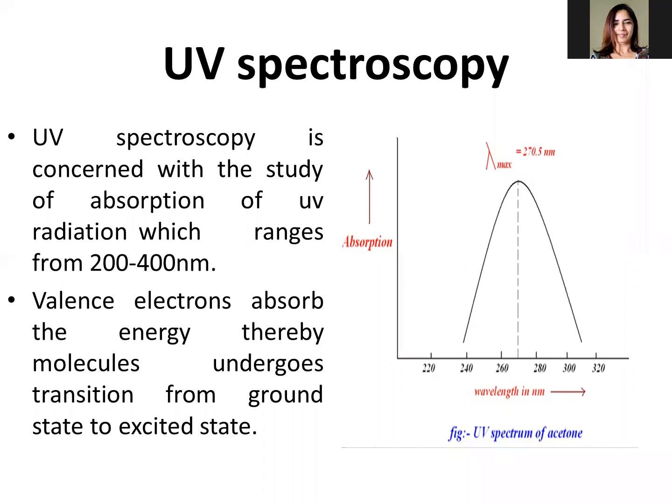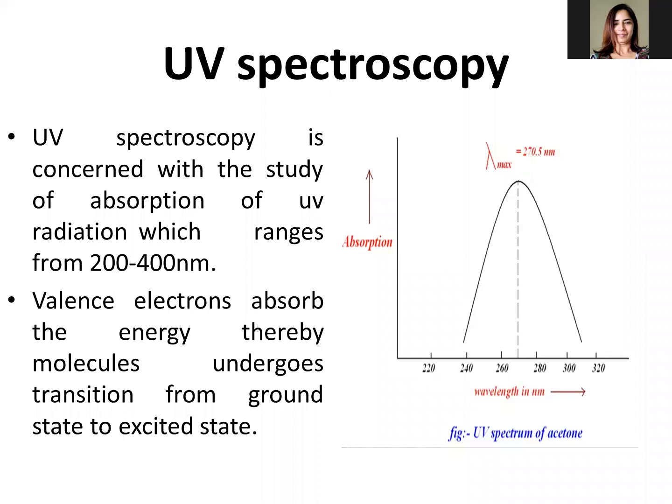UV spectroscopy is concerned with the absorption of radiations in the range 200 to 400 nanometer. Valence electrons absorb the energy, thereby molecules undergo transition from ground state to the excited state. The absorption is characteristic and depends on the nature of electrons present.